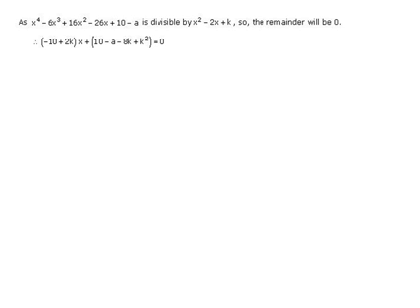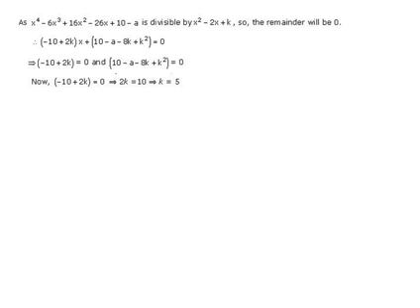Our remainder is minus 10 plus 2k of x plus 10 minus a minus 8k plus k square equals 0. If we are getting the remainder 0, all the terms should cancel. So the first term I am equating to 0, the second term also equating to 0. From the first term, minus 10 plus 2k is equal to 0.